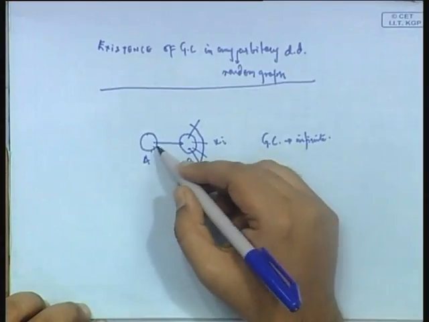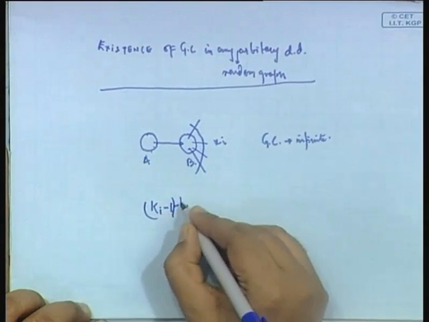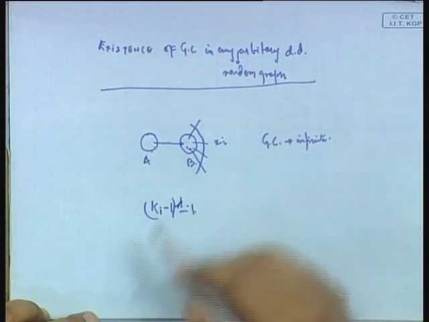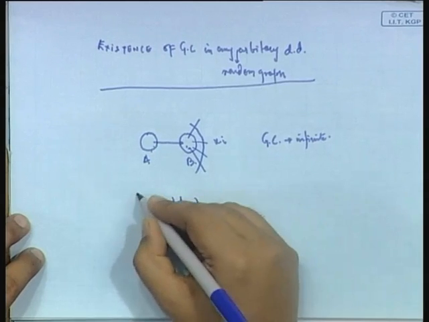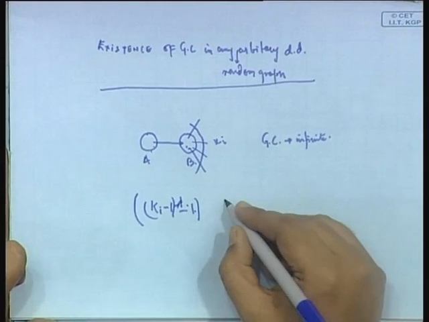Ki minus 1, because I am coming from A. So, I am already exploring one node. That is the cost I am incurring, and after incurring this cost, I can explore Ki minus 1 new nodes. And so, this Ki minus 1 should always be greater than 0.